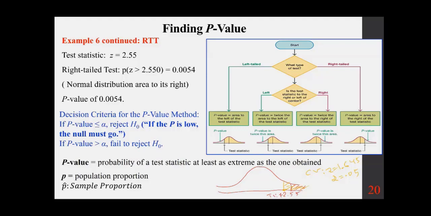Finally, we don't want to mix up the p-value. Okay, let's look at the very bottom. P-value is the probability of a test statistic at least as extreme as the one obtained. In other words, p-value versus p itself, which is a population proportion. P hat, sample proportion. So we really don't want to mix them up.